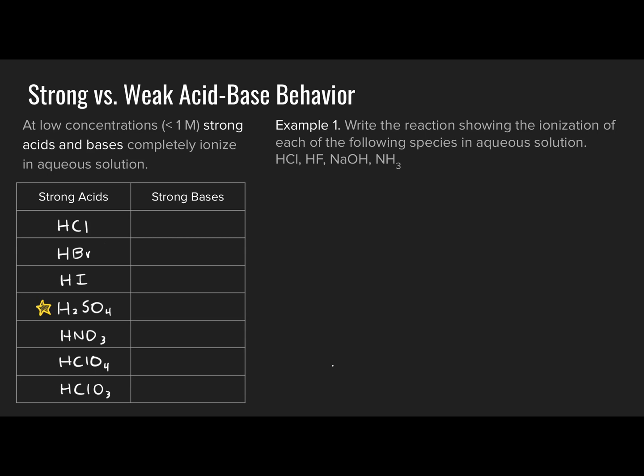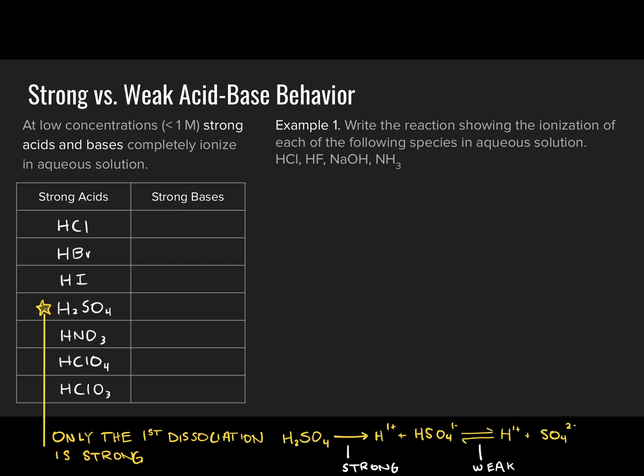Now, as it turns out, it is only the first ionization of sulfuric acid that exists as a strong dissociation. The second dissociation, where we lose that second hydrogen, is a relatively weak dissociation. That is to say, the reverse reaction is actually favored in that instance, which means that only a small fraction of the ions of HSO4 negative in solution will undergo further ionization to form sulfate ions SO4 2 negative.